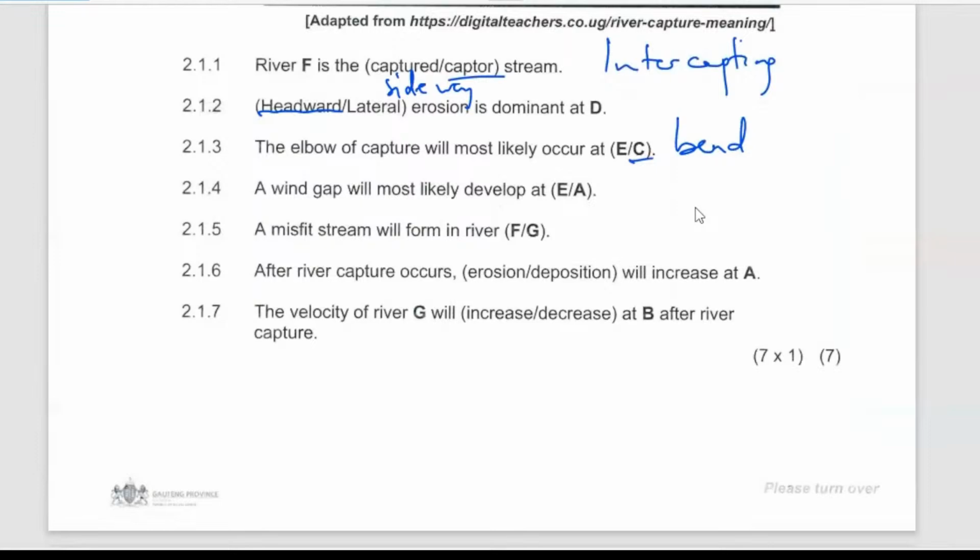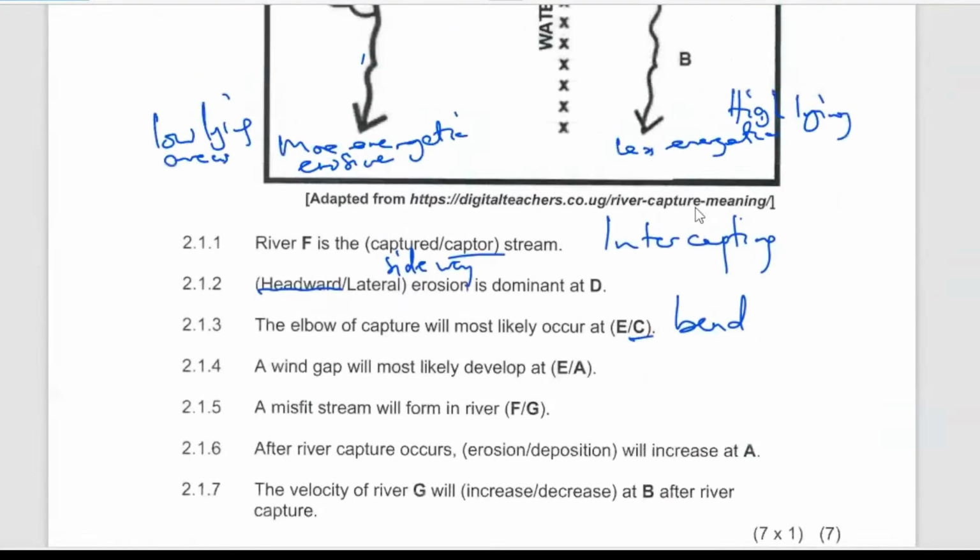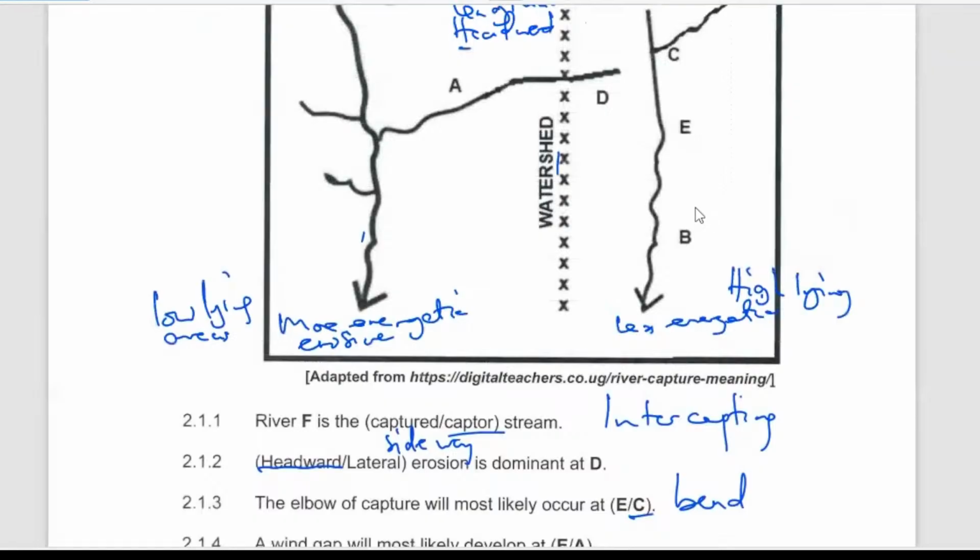Right, the wind gap will most likely develop at E or A. What we call a wind gap is the gap between the elbow of capture and the misfit stream. If the stream is captured, there's going to be a gap next to that elbow of capture. The bend is here. It means this stream has captured this, and there is a bend here, which is the elbow, and there will be a misfit stream, which is going to continue.